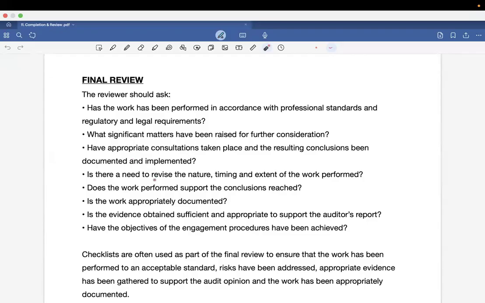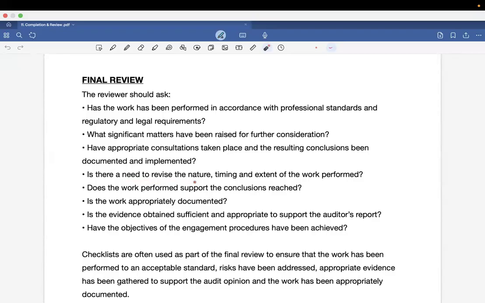And then they are going to question whether something should be revised, whether the timing of the audit should be extended, and also whether the extent of the work should be modified. Everything would be taken into consideration.